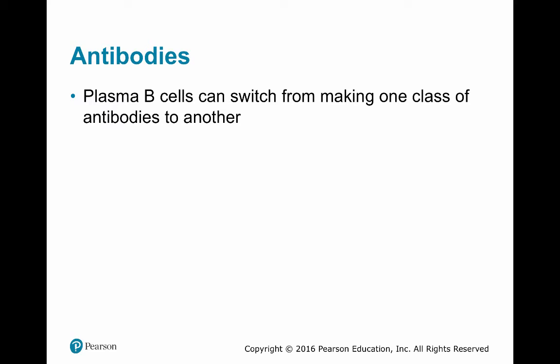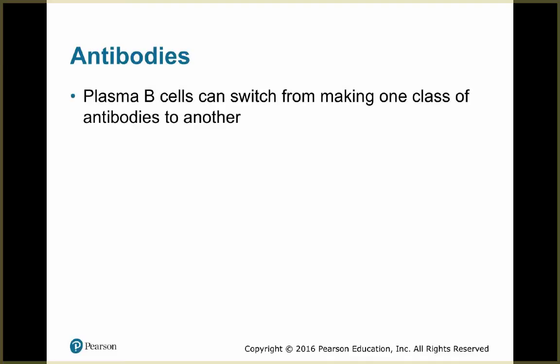So they retain the specificity for the same antigen, but they can switch the type of antibody that they're making depending on what needs to happen. Almost all secondary responses are IgGs. And basically, switching can occur.